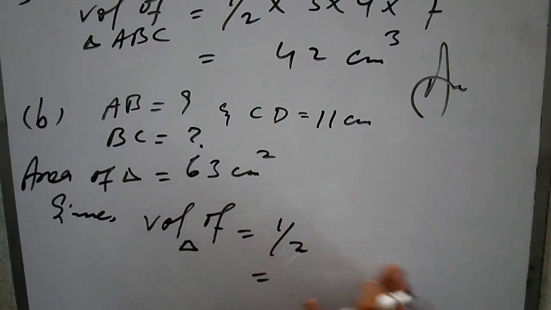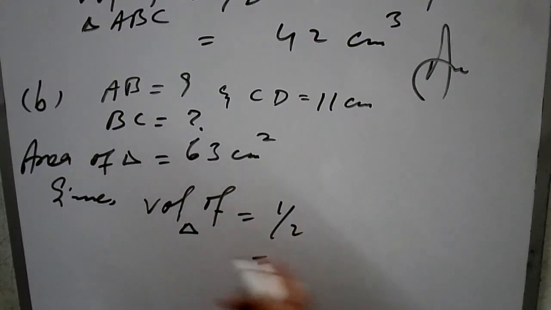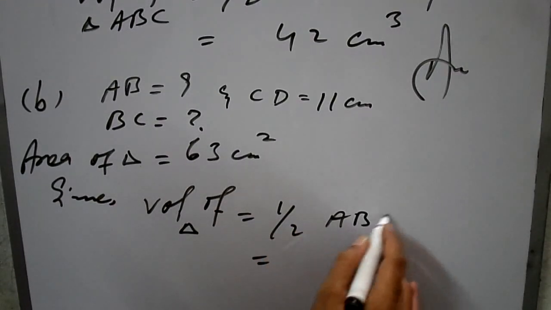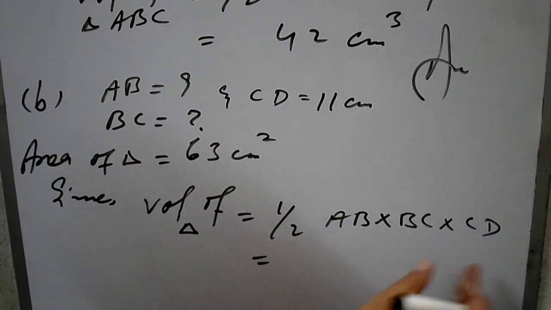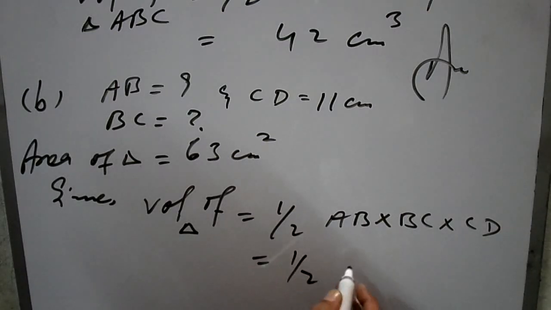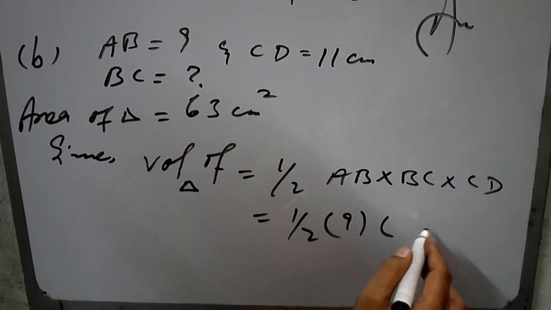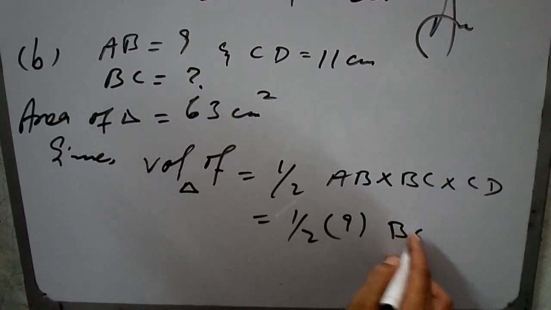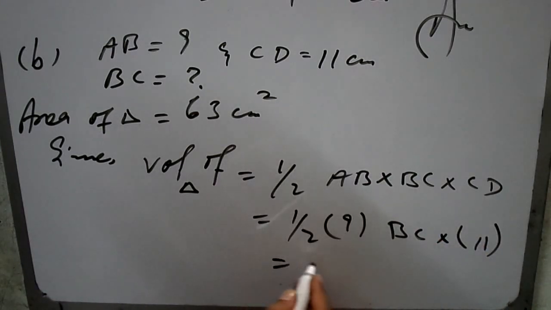So you can use the same sequence which is given in your table, that is AB cross BC cross CD. If you need the value of BC, leave it here, and the value of AB is 9, and we have to find the value of BC, but the value of CD is given, that is 11. So after simplification you will get BC is 14.